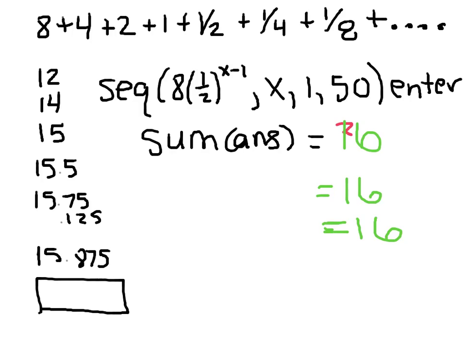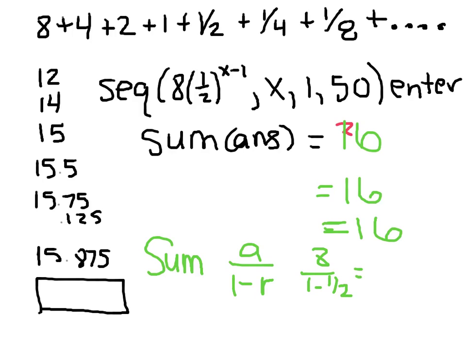And instead of doing these all separately with the big formula, I can replace it with this new formula that says the sum of an infinite geometric series that converges is the first term divided by 1 minus r. And if I take the first term, 8, and divide that by 1 minus 1/2, I get 8 divided by 1/2, which is 16.